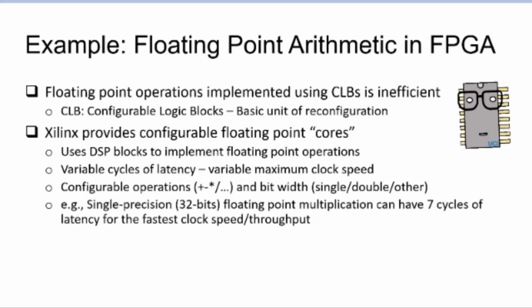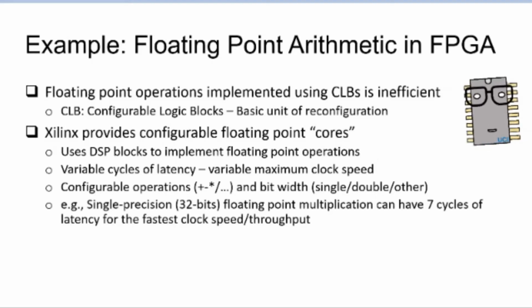It's inefficient because for floating point operations, you do need to have multiples of multipliers and adders and things like that to support single precision, double precision floating point numbers. So implementing all of that in CLBs is not necessarily very efficient. And if it's something that's used rarely enough, then that's fine.